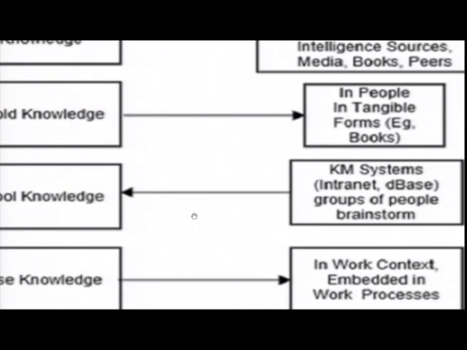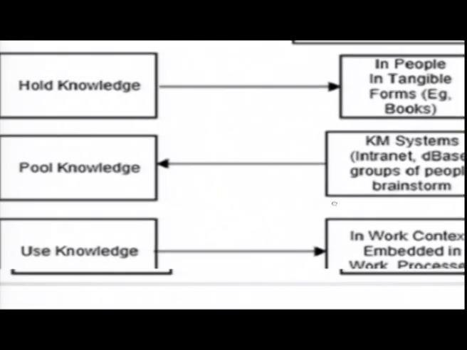Then the pool knowledge. What is pool knowledge? You have the knowledge management system obtained through the intranet, through many different books available as a repository, a database. You can get it from a group of people and it can be obtained through brainstorming sessions.